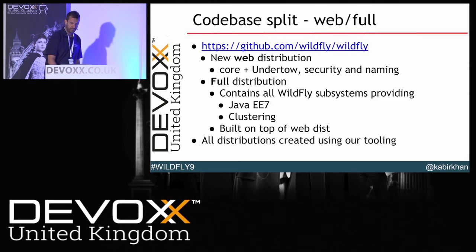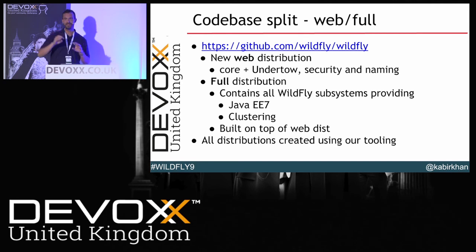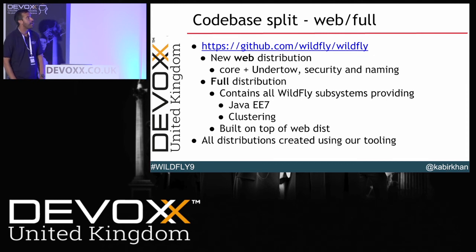And another important part is that we want to move forward to a state where we get really composable servers. We say, for example, I want EJB. So, okay, I'll put in EJB, but then obviously transaction, security, and a few other things. If I also want web, then I need Undertow and a few other things. So it'll figure out all the dependencies eventually. So we're not quite there yet.